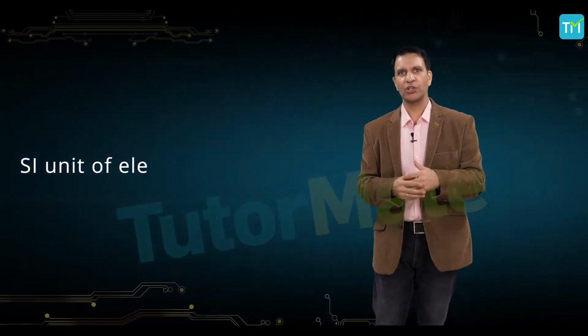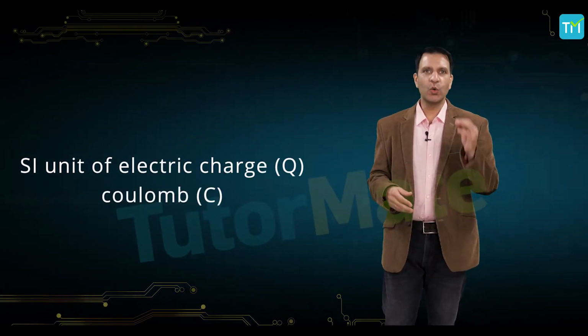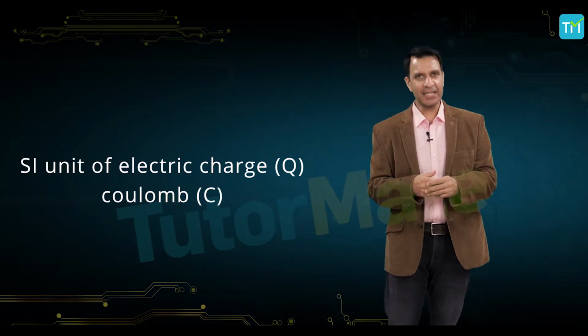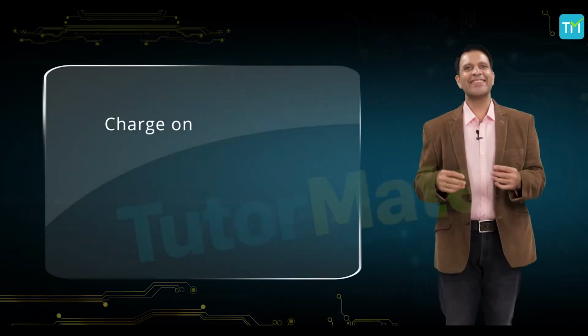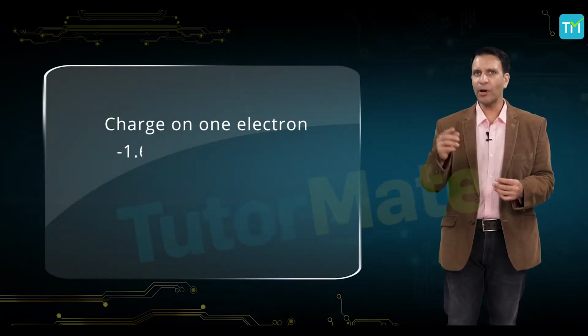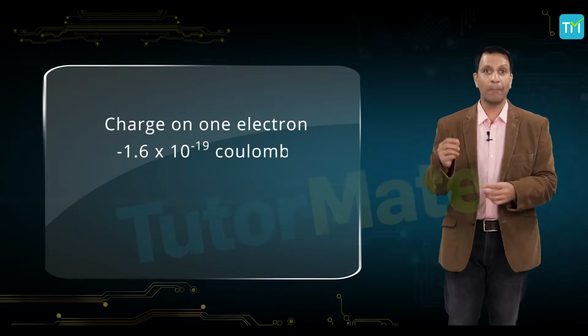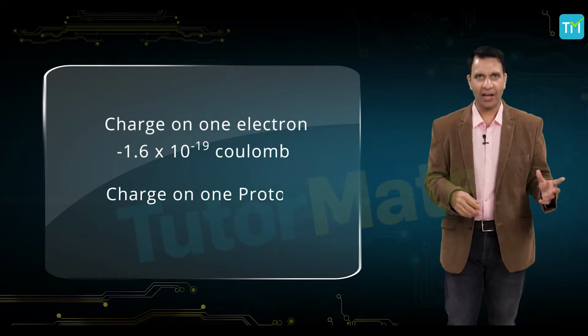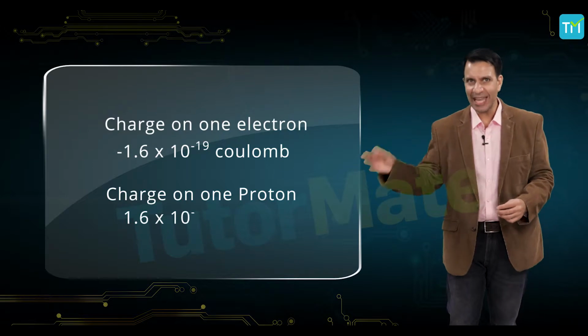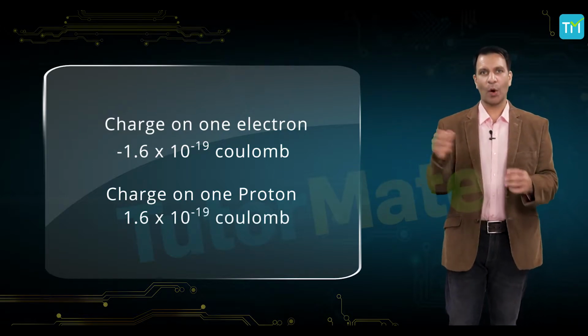Now, if we are saying that the positive charge equals the negative charge, does that mean that we can actually measure charge? Well, it turns out we can. And the SI unit of a charge is called a coulomb, which is denoted by the symbol C. We already know that an electron possesses a negative charge of 1.6 into 10 raised to minus 19 coulomb, and a proton has a positive charge of 1.6 into 10 raised to minus 19 coulomb.